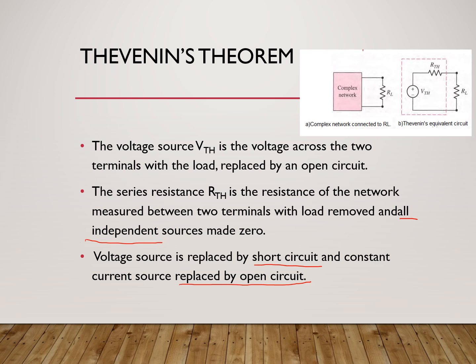So this is the procedure for finding VTH and RTH. You first remove the load resistance, or open circuit the load resistance, and find the voltage at these terminals, which is given by VTH. Then, keeping the load resistance removed, make all the independent sources in the network zero: voltage sources replaced by short circuits and current sources by open circuits.